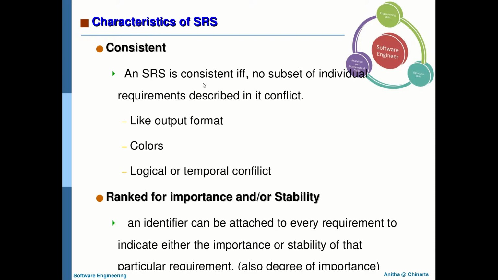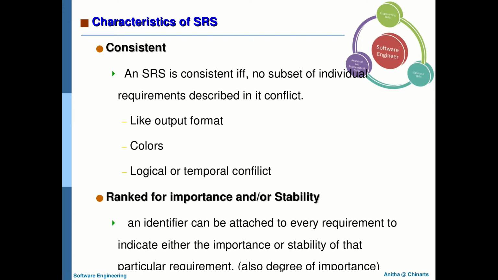Then an SRS is consistent if and only if no subset of individual requirements described in it conflict, like output format, colors, logical or temporal conflict. If there are no inconsistencies or conflicts specified in the SRS, then you can say it is a consistent SRS. And the SRS can be ranked for importance or stability also. An identifier can be attached to every requirement to indicate either the importance or stability of that particular requirement.